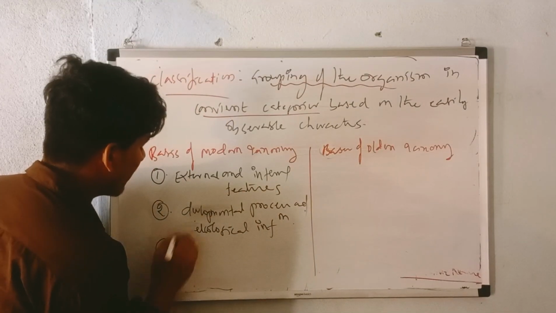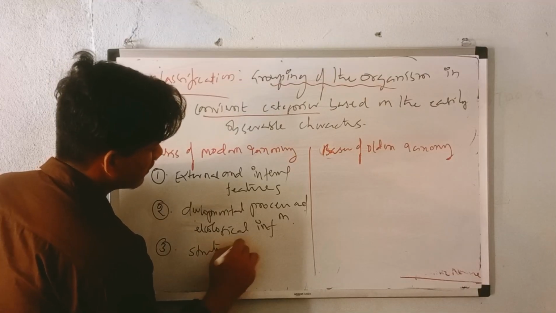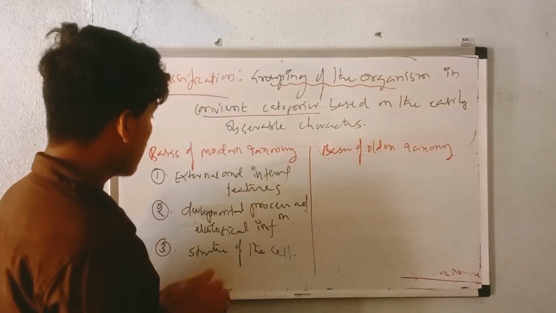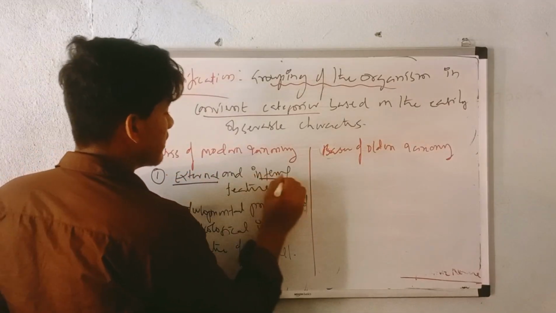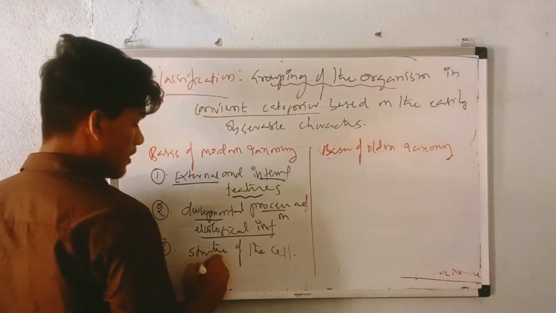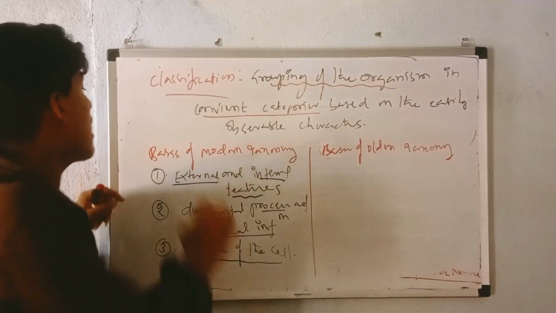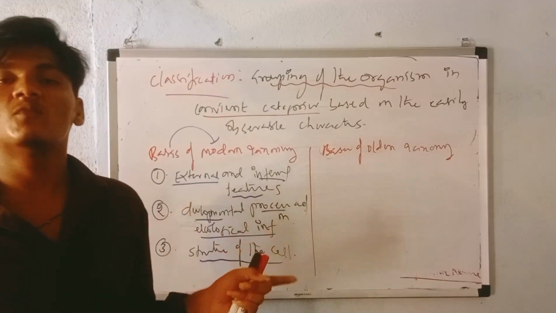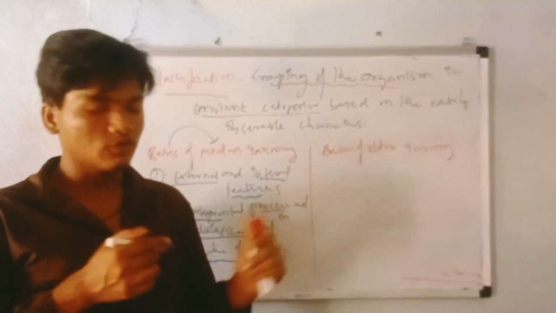The third is the structure of the cell. These three features are the basis of modern taxonomy. You can add phylogeny also, which means evolutionary relationship.